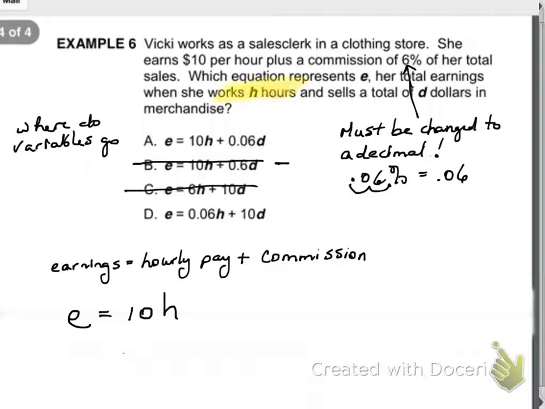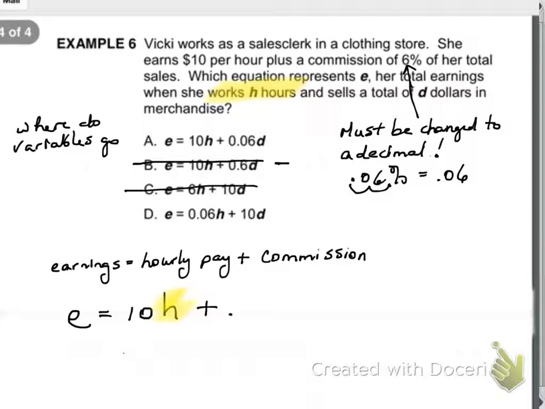So she's working 8 hours, plus her commission. Okay, and her commission is 6% of her total sales.